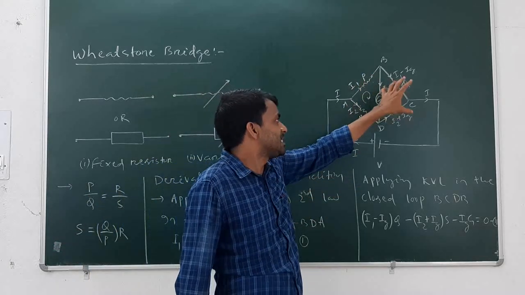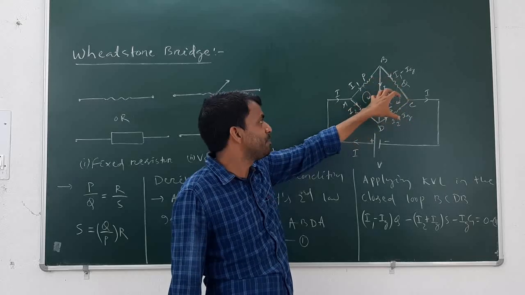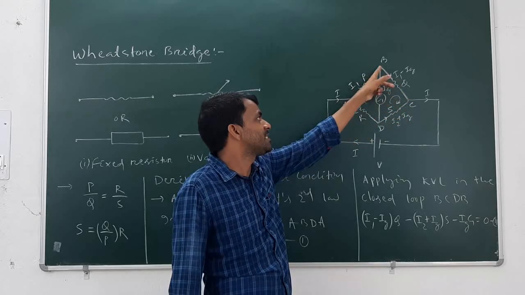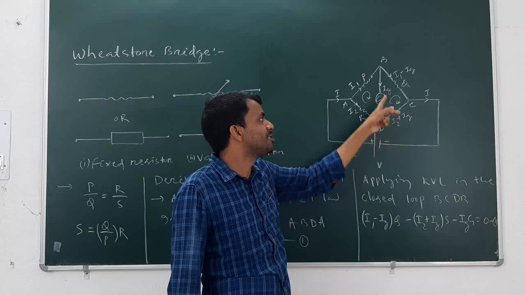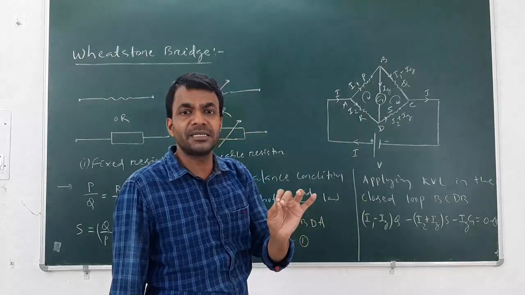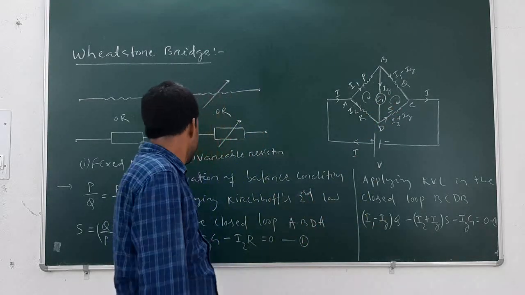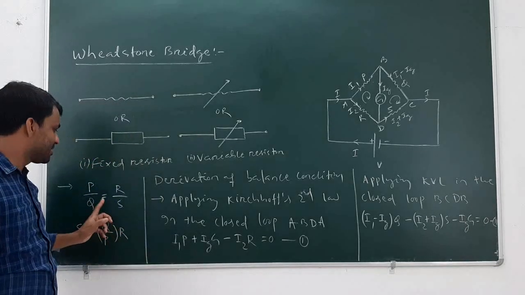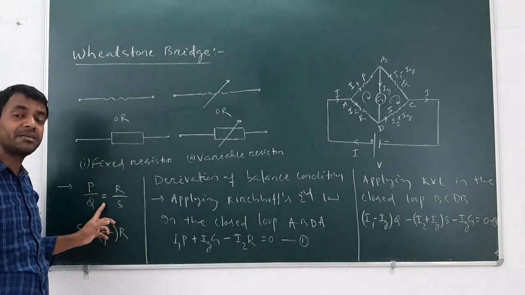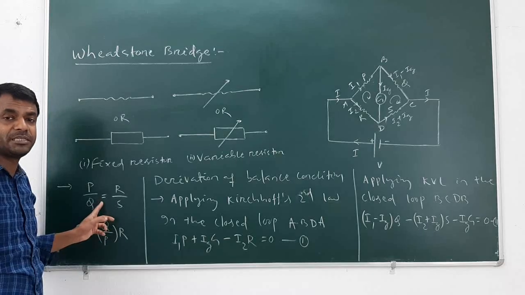The Wheatstone bridge is balanced means the potential difference between B and D is 0, meaning IG is equal to 0. Now I have to derive this formula, the condition for the balanced condition of the Wheatstone bridge.